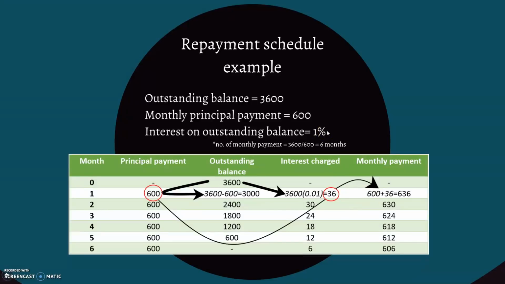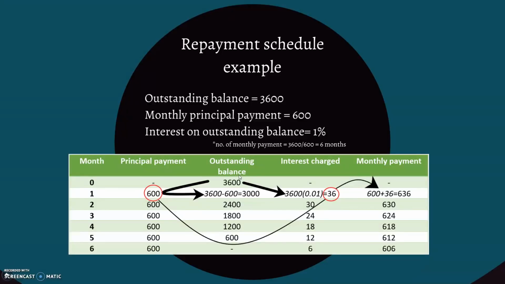First, we need to figure out how many payments need to be made to settle the outstanding balance. We know that the monthly principal payment is 600, and the total principal amount is 3,600. So 3,600 over 600, 6 times. So 6 months. We are going to need to make 6 payments to settle the outstanding balance itself.